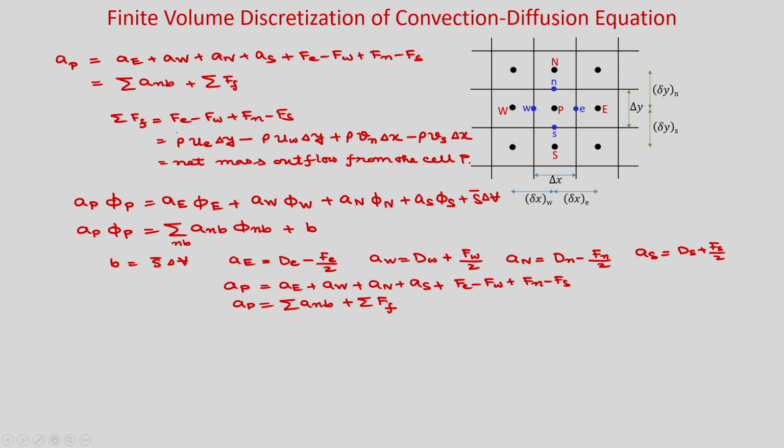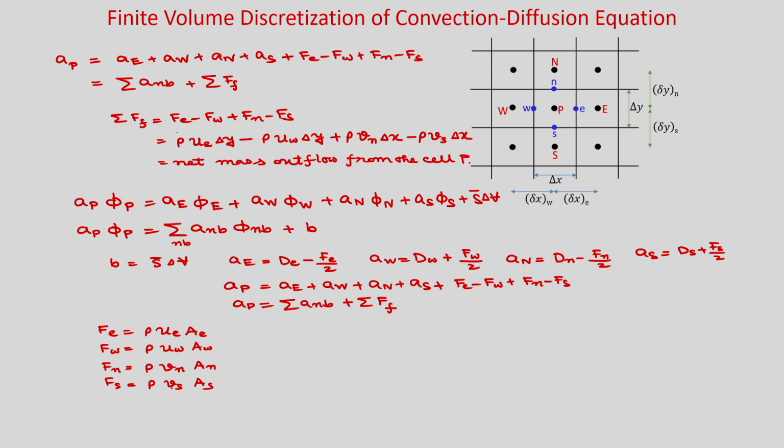And what about your Fe, Fw? Fe is rho Ue Ae. A is nothing but your delta y. Fw is rho Uw Aw. Fn is rho Vn An and Fs is rho Vs As.